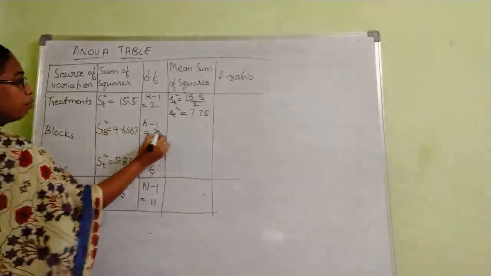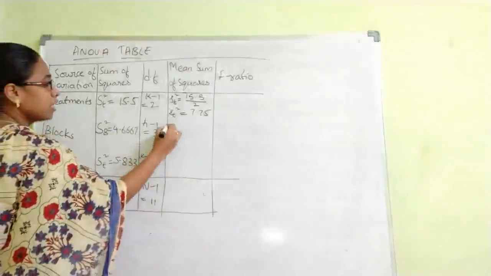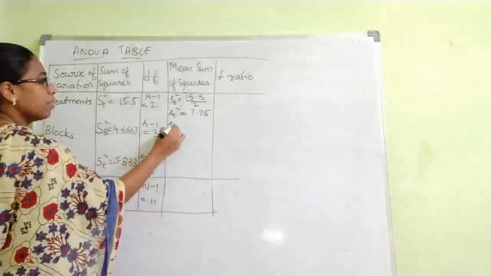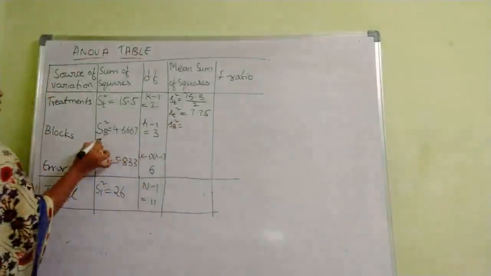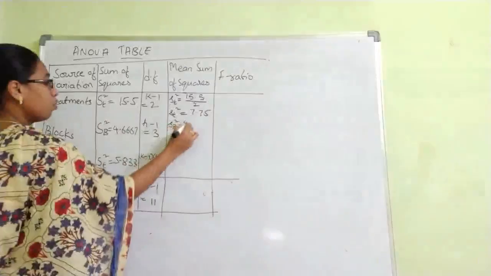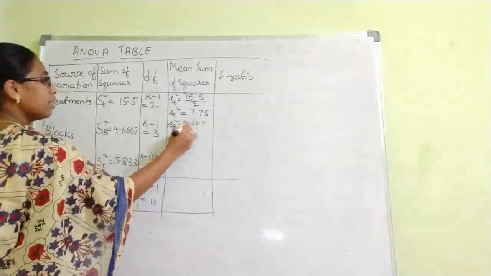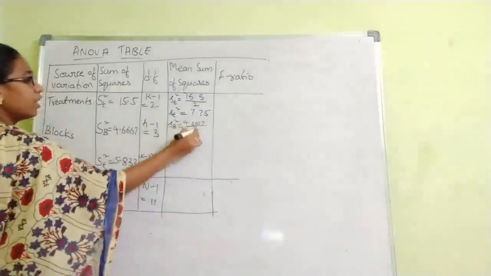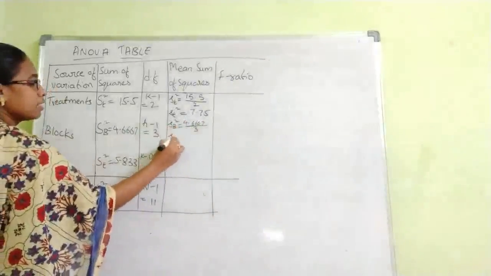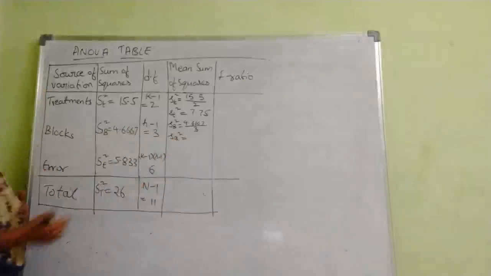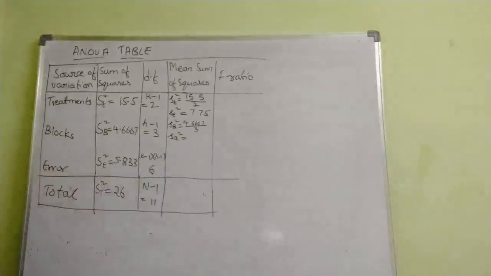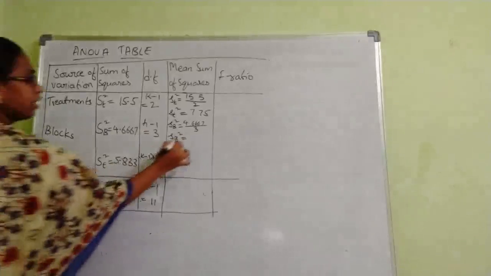Similarly, the mean sum of squares due to blocks, small SB square, equals the sum of squares 4.667 divided by the degrees of freedom 3, which is 1.55.